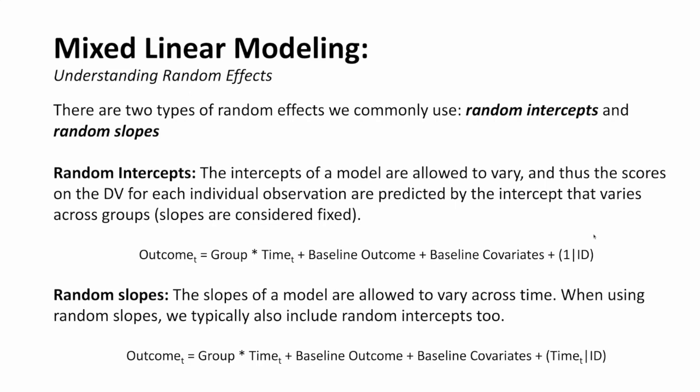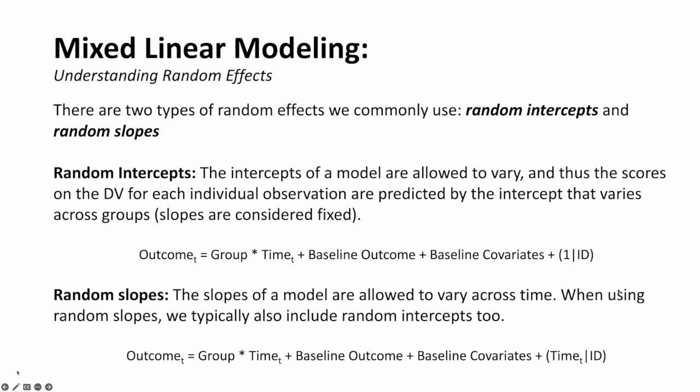Whereas a random slope is something where the model is allowed to vary across time for each individual. When using random slopes, though, we oftentimes also include random intercepts too, in order to allow people to have their own starting point, but also to have their own changes over time. This is what the random slopes model looks like. And again, I'd point you to that time by time point t given ID, wherein we're looking at changes across time for each individual and whether they change across time for an individual.